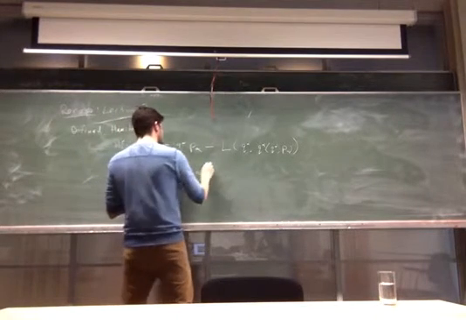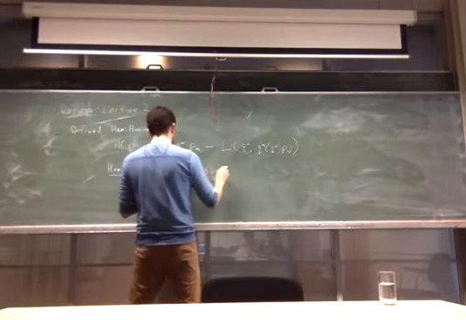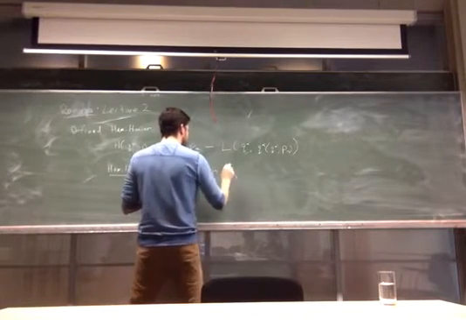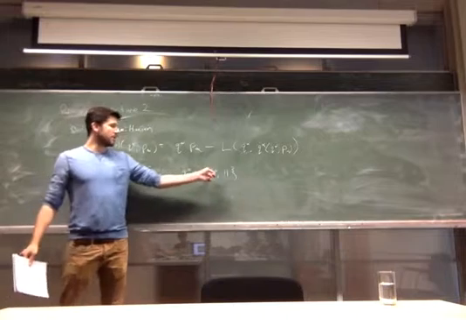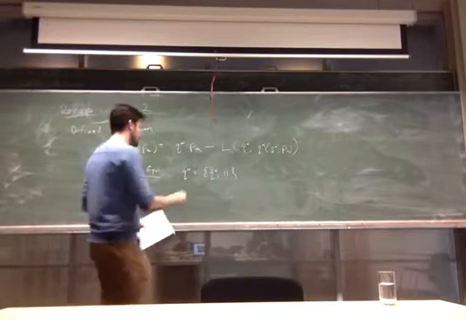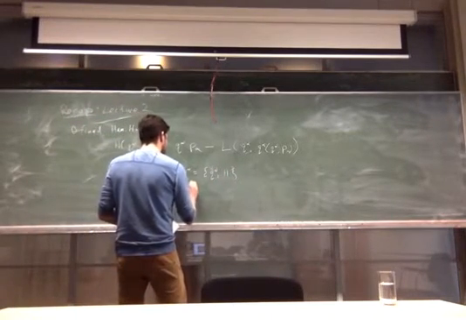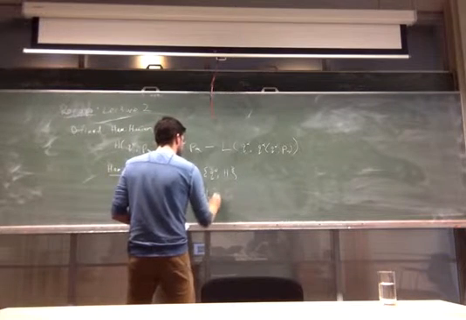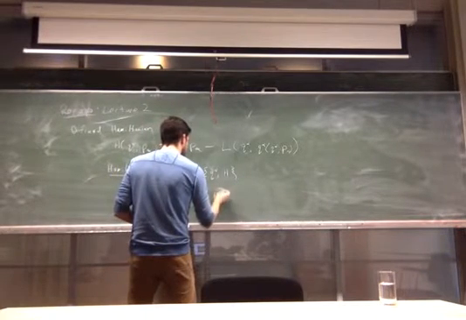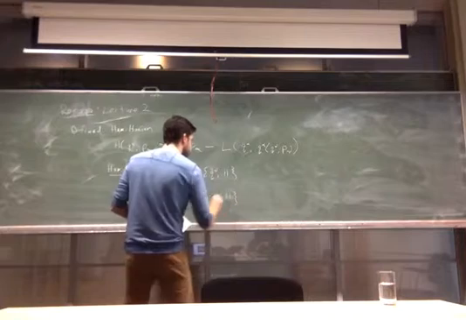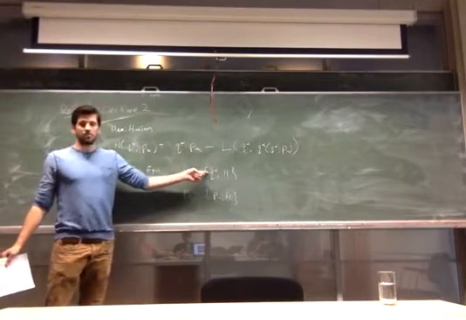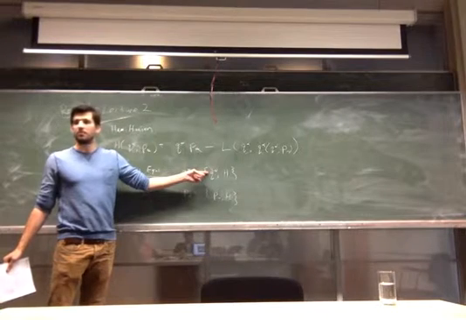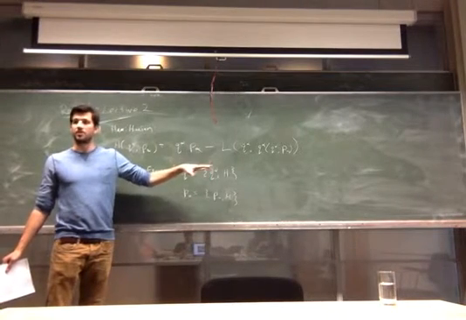In terms of this Poisson bracket, we can just write Hamilton's equations as: the time derivative of the Q's is just the Poisson bracket of Q with H. The time derivative of the P's is just the Poisson bracket of P with H.